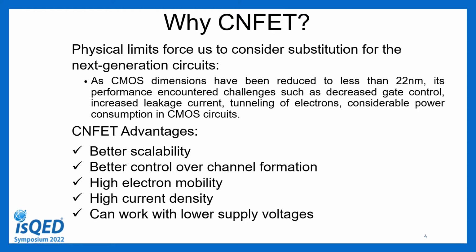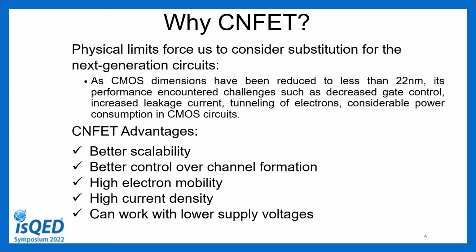Why do we choose CNFET? As CMOS dimension reduced to less than 22 nanometer, its performance encountered multiple challenges such as decreased gate control over current, increased leakage current, considerable power consumption, and tunneling of electrons. So we need a substitution for the next generation circuits.